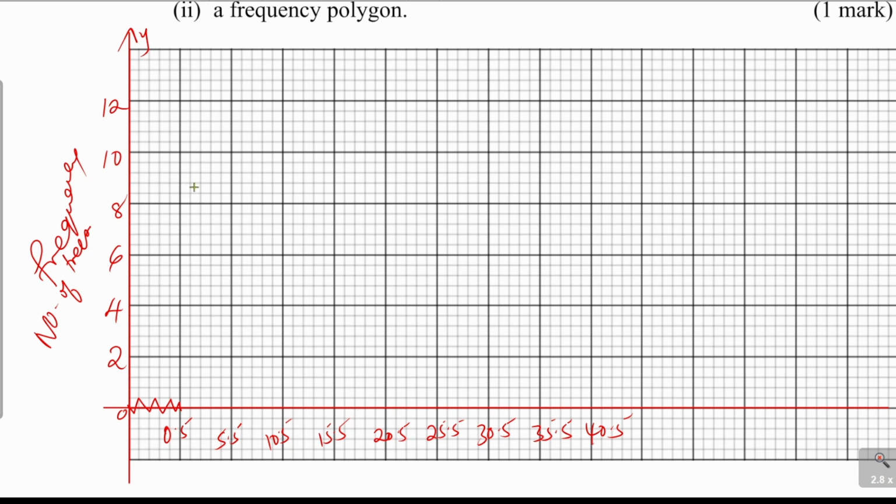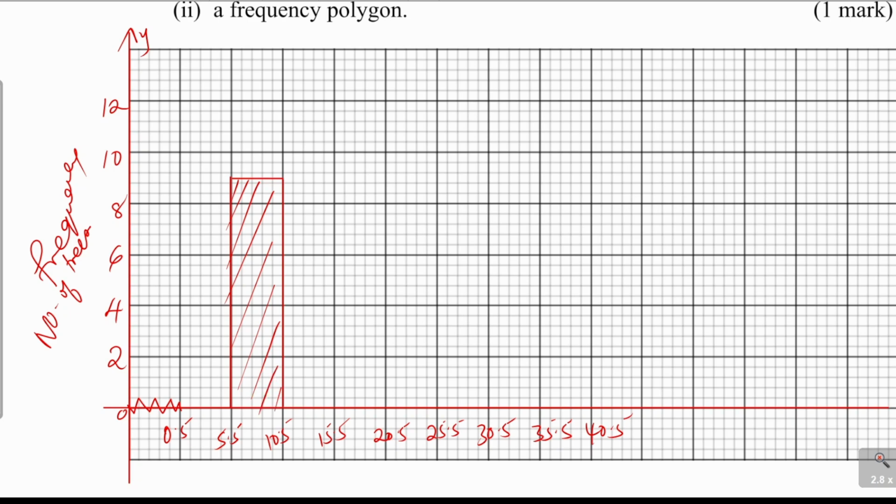So from 5.5 move up to somewhere there, exactly at the middle of that. Then you draw it like that. So that is the first one. Let me shade it so that you can see that one properly.